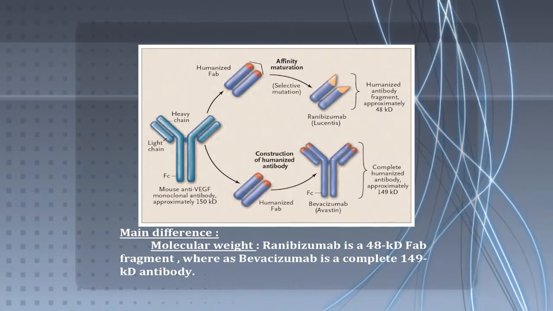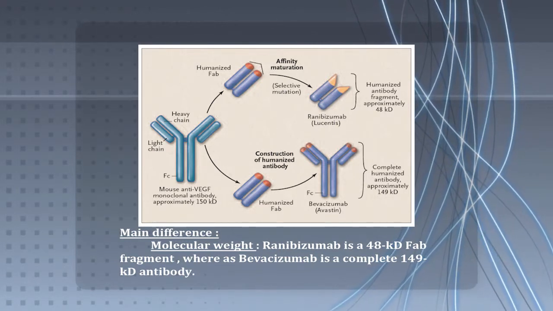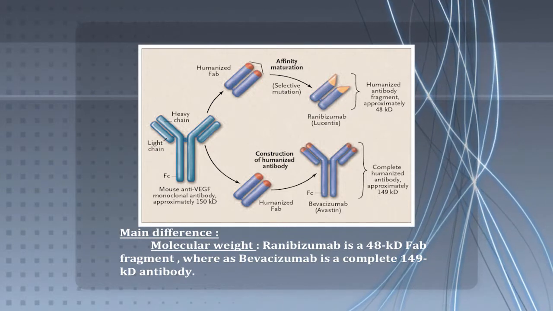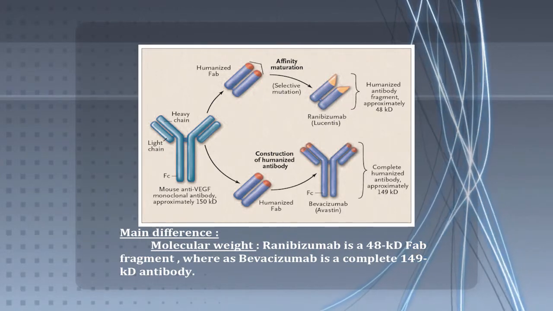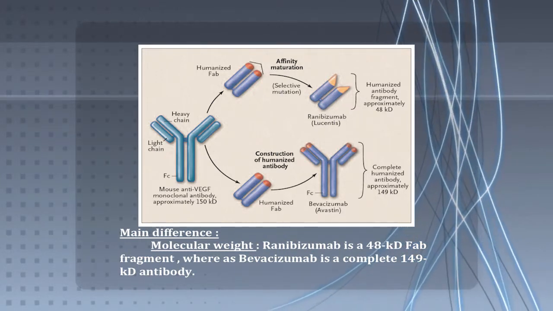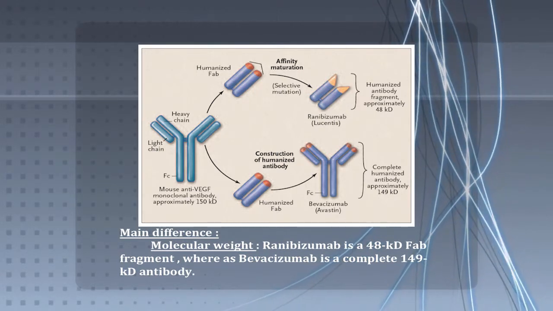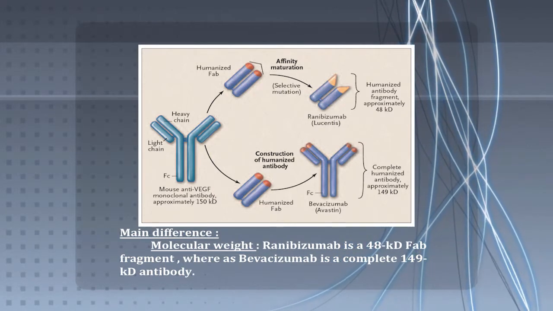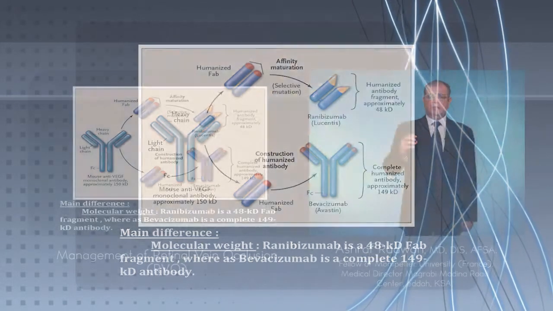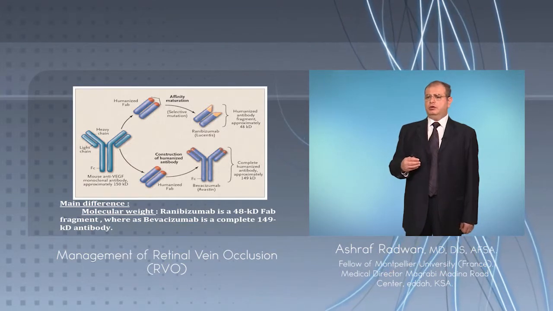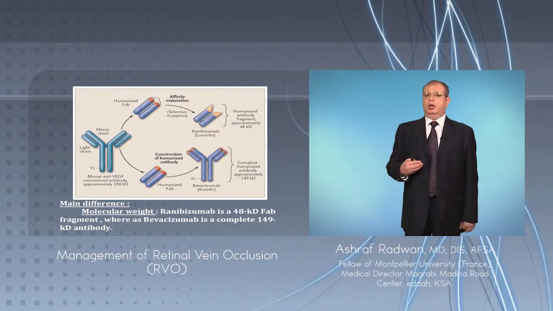The main difference between both of them is that the monoclonal antibody is humanized, and in ranibizumab we take a small fragment of it, and the molecular weight of this fragment is around 48 kilodalton, compared to Avastin or bevacizumab, which is just a humanized whole antibody.